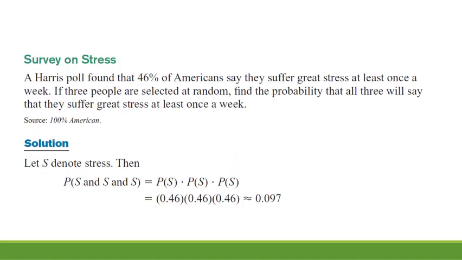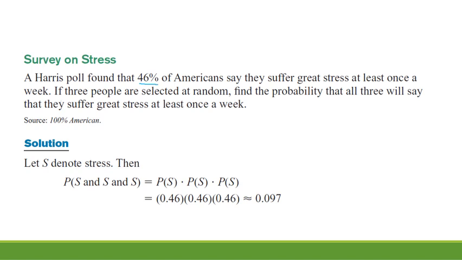Another example: a Harris poll found that 46% of Americans say that they suffer great stress at least once a week. If 3 people are selected at random, find the probability that all 3 will say that they suffer great stress at least once a week. Take note, given to us is the percentage, 46%.